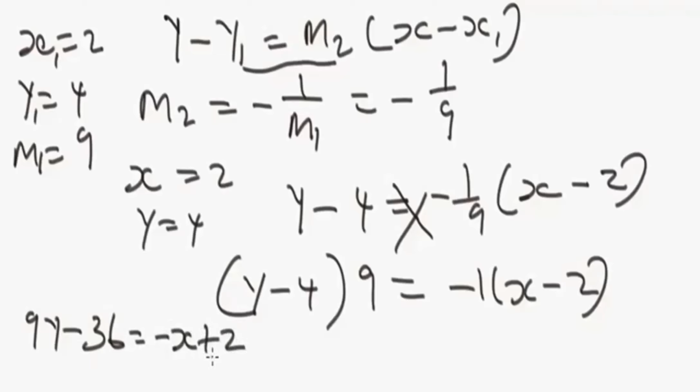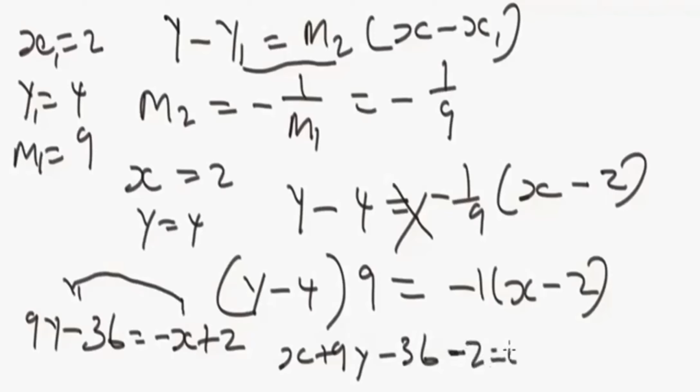Now that we have done this, let's take what is here to the left. I will put this to 0 to get the equation of the normal to the curve. So you're going to have x plus 9y minus 36 minus 2 equals 0.